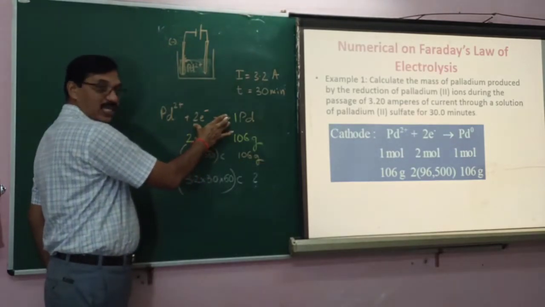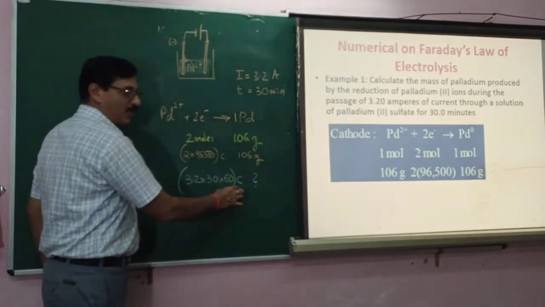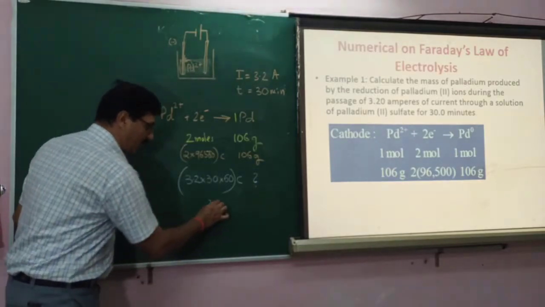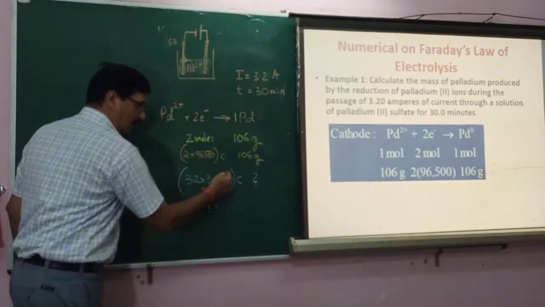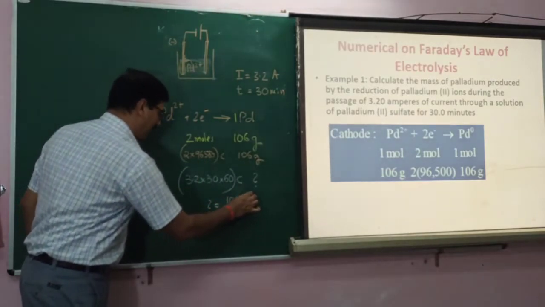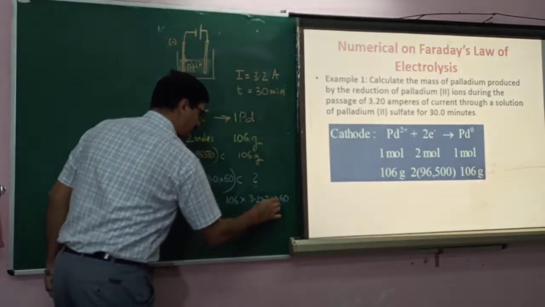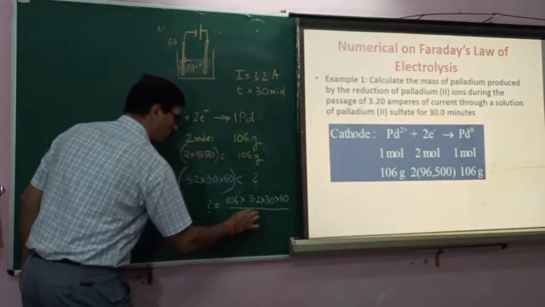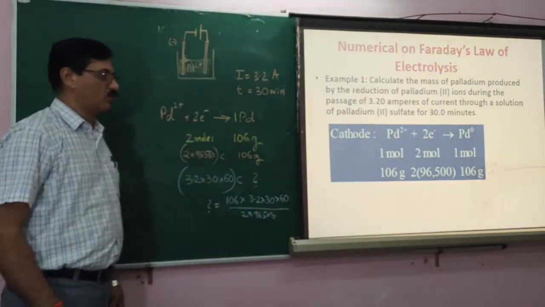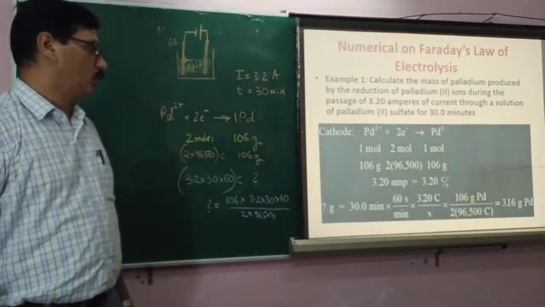This is obtained from the key equation, and this is from the question. So multiplying these two and dividing by the first term, that is 106 into 3.2 into 30 into 60, whole divided by 2 into 96,500.